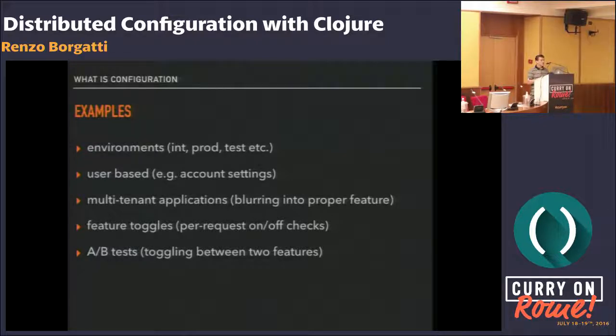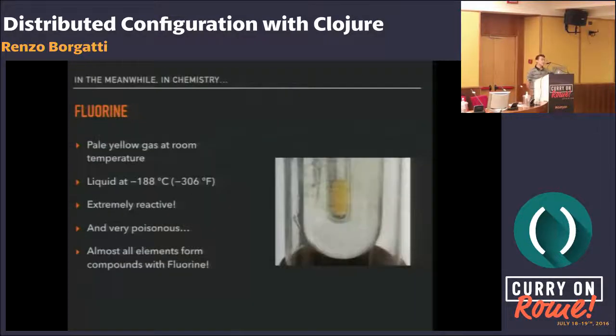Today the element is fluorine, which tends to form compounds with almost every element, even the noble gases. And I think it's an interesting metaphor for configuration, in which every application that is not trivial and needs to run in production has some sort of configuration.